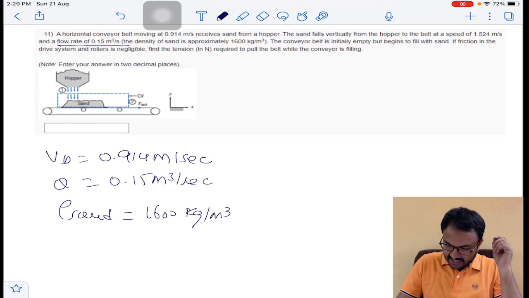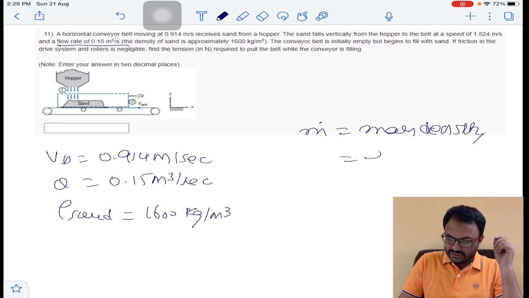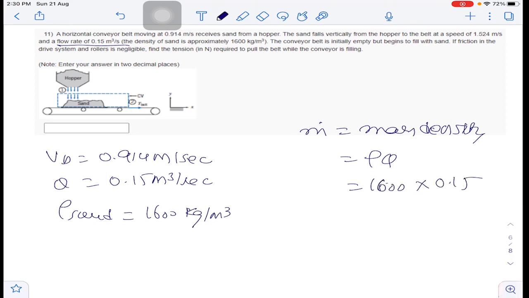First of all we will calculate mass density. So mass density is equal to rho Q. What is rho? It is 1600 and Q is equal to 0.15. So you will get 240 kg per second.